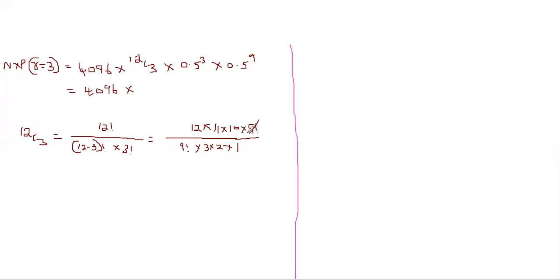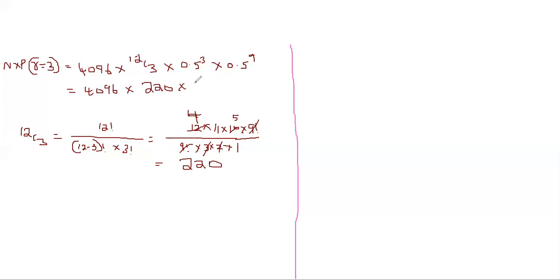So 9 factorial I'm going to cancel. 3 fours are 12, 2 fives are 10, so 4 into 11 is 44, and 44 into 5 gives 220. So 220 will be substituted here.